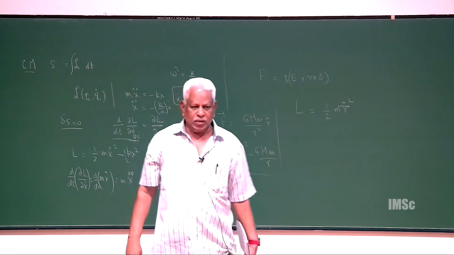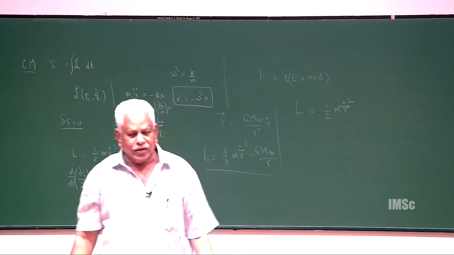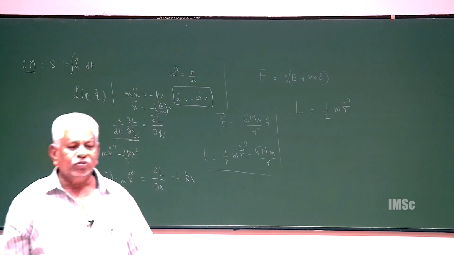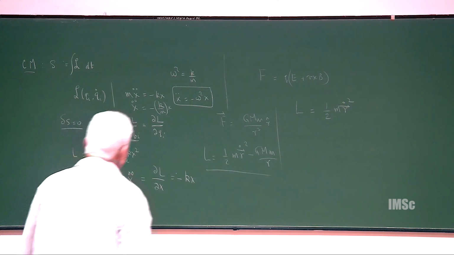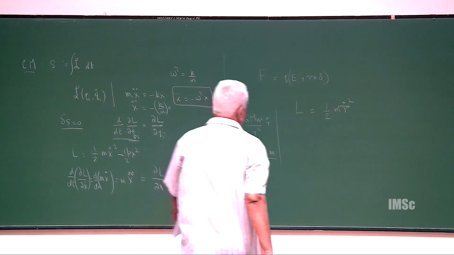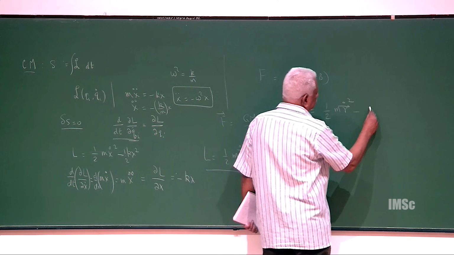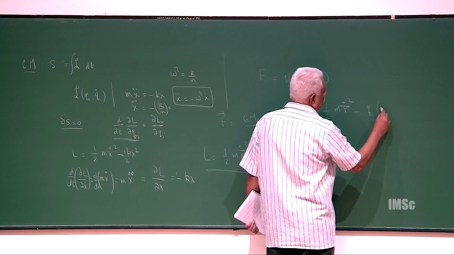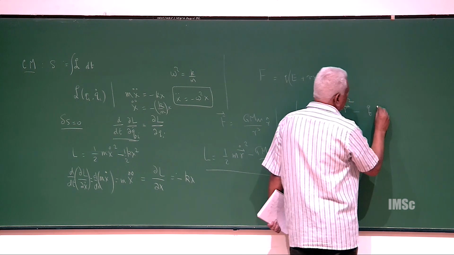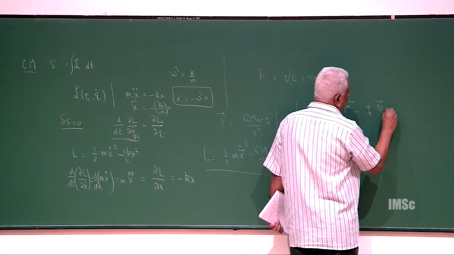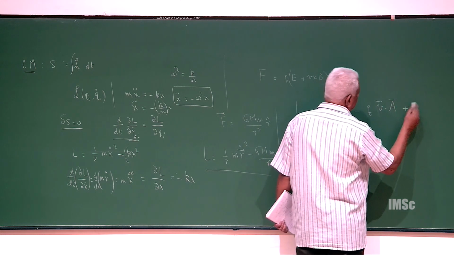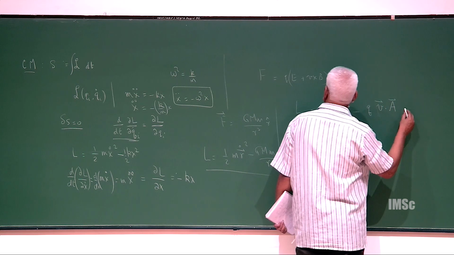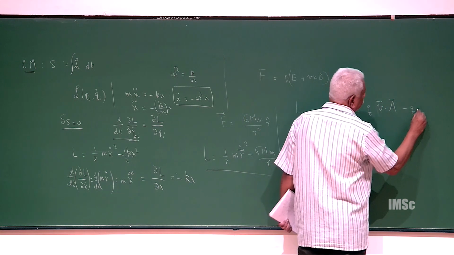This you expect, because when there is no electric field and magnetic field, the charged particle becomes a free particle. So that's what you expect, kinetic energy. The only thing is, what is the extra term here? I will write it out. It is minus q v dot A plus or minus, or maybe minus q times phi.